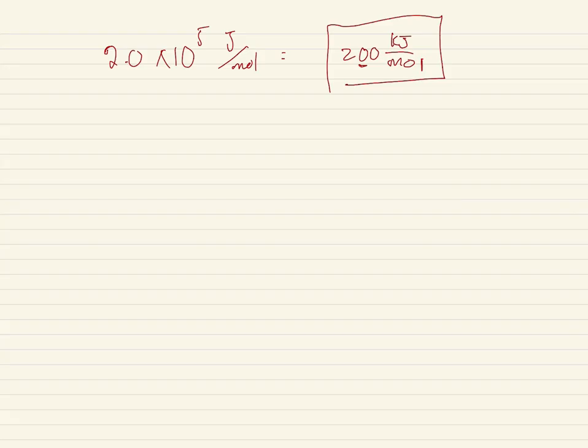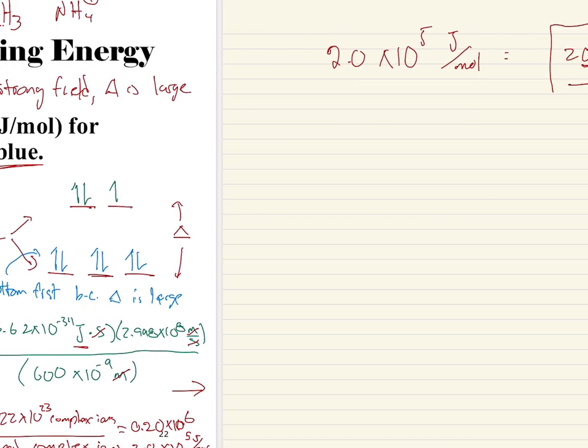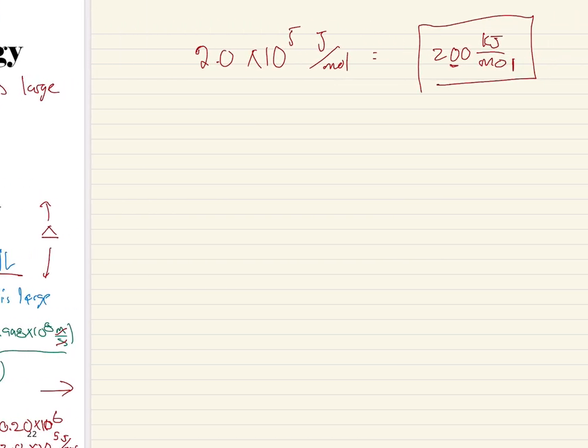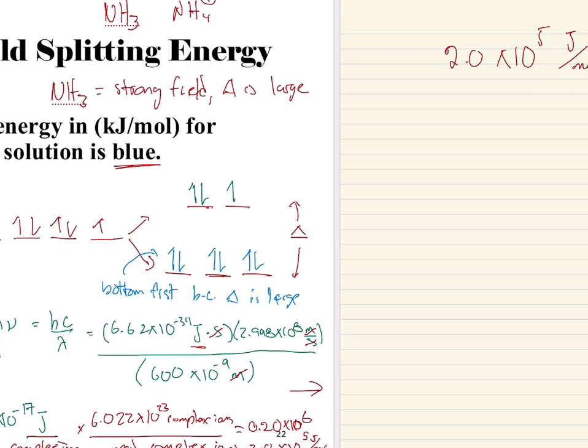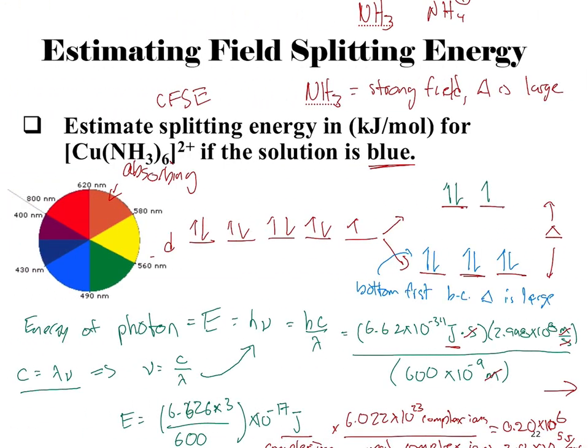And so it might be hard to grasp this idea the first time we look at it, because it's a relatively complicated process where we're making a lot of assumptions just by looking at the color of a compound. And it's not that far off of what this energy splitting actually would be. But the only thing that changes when you're looking at this problem from one compound to another, if it's a colored compound, is just where you're absorbing and where you're reflecting light.